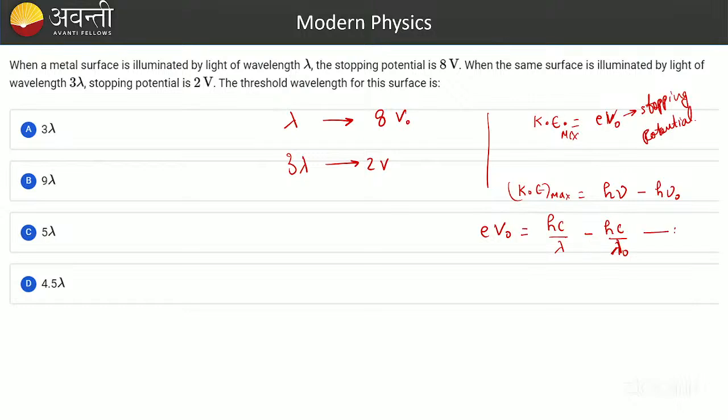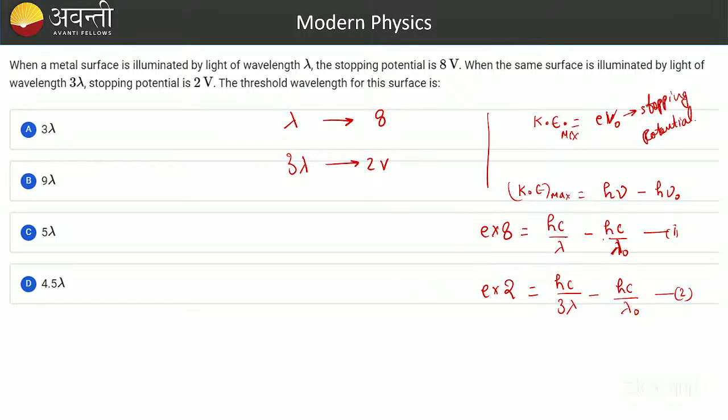So for lambda, we keep this as equation number 1, but here V naught will become 8, so this is e into 8. For the second equation, it will become 2 e equals hc upon 3 lambda minus hc upon lambda naught.